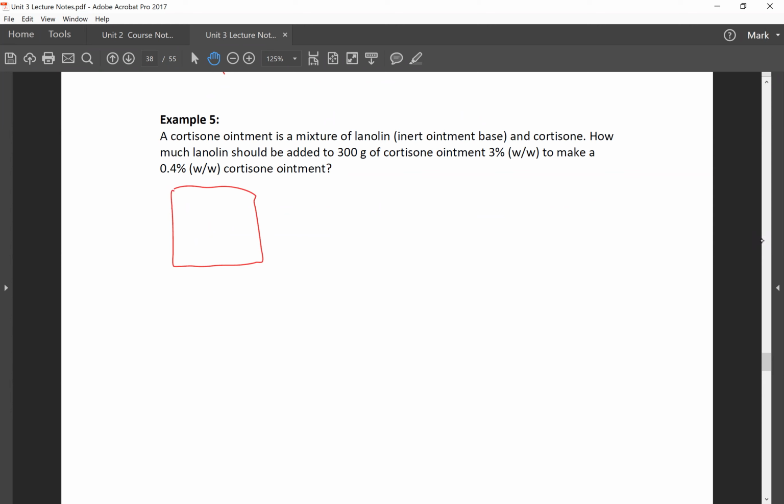You don't need to draw the boxes, of course, but I'm trying to figure out how much of this I'm going to add to 300 grams of 3% lanolin to make a 4% solution.